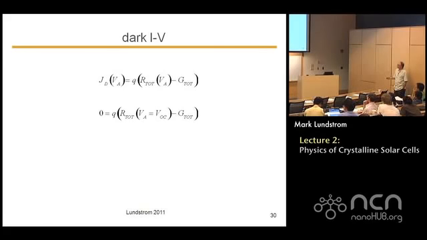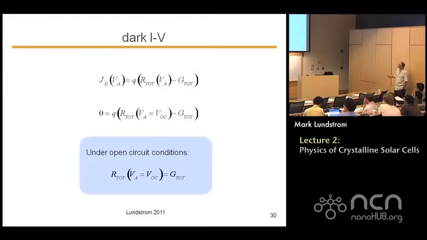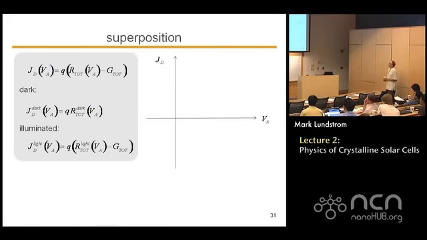So I just solved that equation under open circuit conditions. The voltage will adjust such that the total recombination is equal to the total generation. That will give me open circuit conditions. So open circuit happens when the diode forward biases itself such that the recombination exactly balances the generation and no electron hole pairs come out of the contacts.